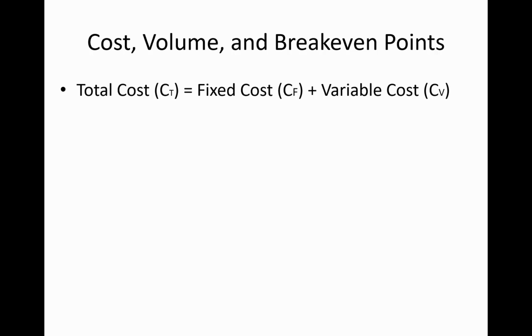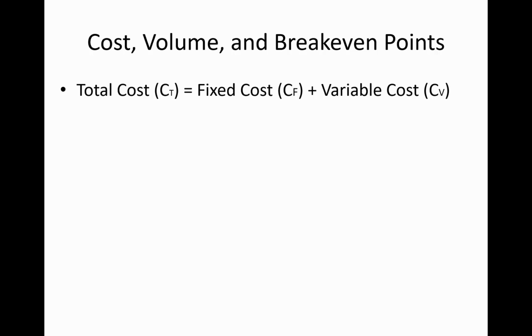Their fixed cost for a given month may be the rent on the building that they're using, or the robots they've purchased, or their fixed costs might be the salary of the management workers. Those are all things that whether they make 100 Toyotas in a day or 0 Toyotas in a day, they still have to cover those fixed costs.